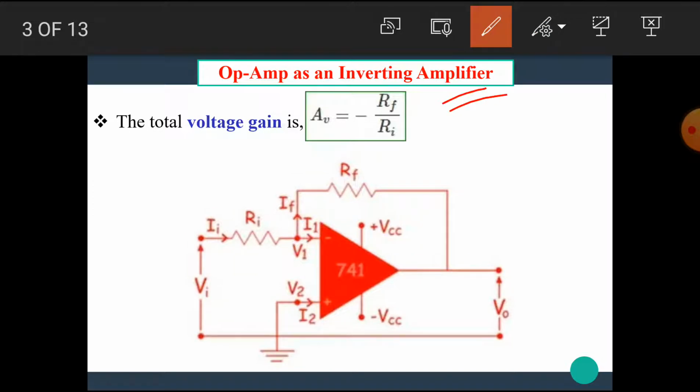Let's see once again. Here, the input supply Vin is connected to the inverting terminal, that means the minus terminal, and the non-inverting terminal is connected to ground. This configuration is called as the op-amp as an inverting amplifier, and the gain of the inverting amplifier AV is equal to minus RF upon RI or input resistor.